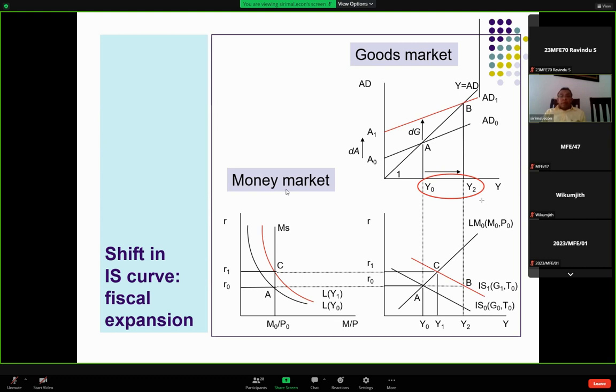But after we introduce the IS line, the output is not Y2, it is actually Y1. So our equilibrium point is here, not here.